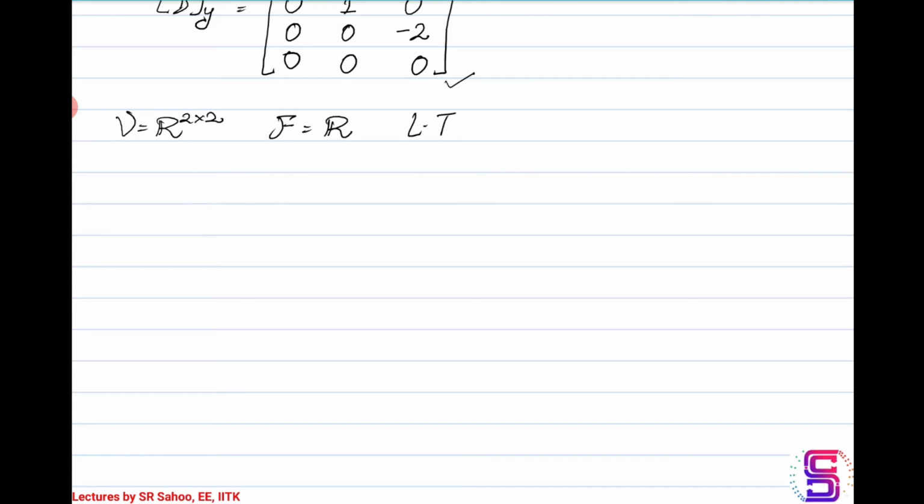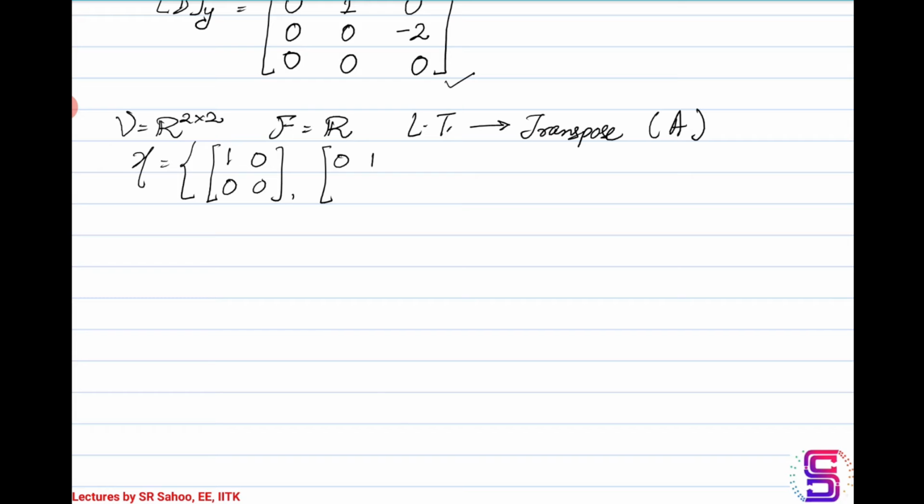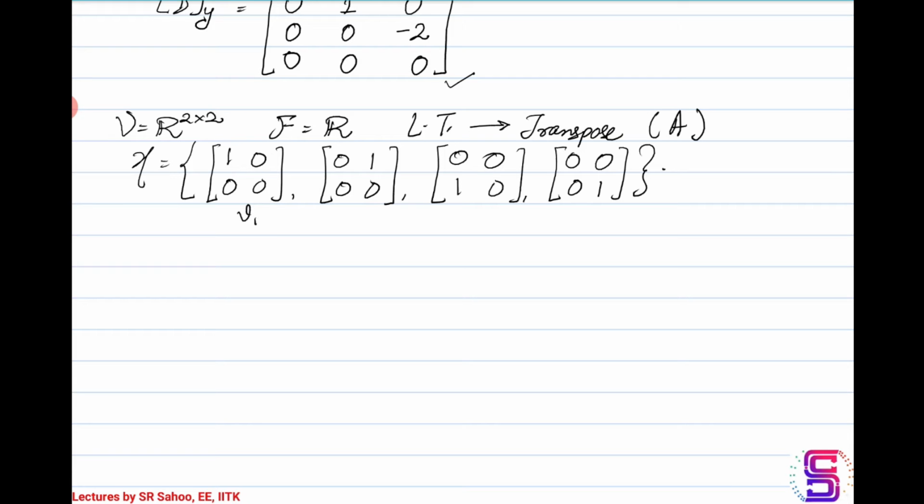The linear transformation that we are considering is the transpose operation, which we'll denote by, let's say, A. The basis that we are considering in this example is [1, 0; 0, 0], [0, 1; 0, 0], [0, 0; 1, 0], and [0, 0; 0, 1]. So this is the vector x1, vector x2, vector x3, vector x4.